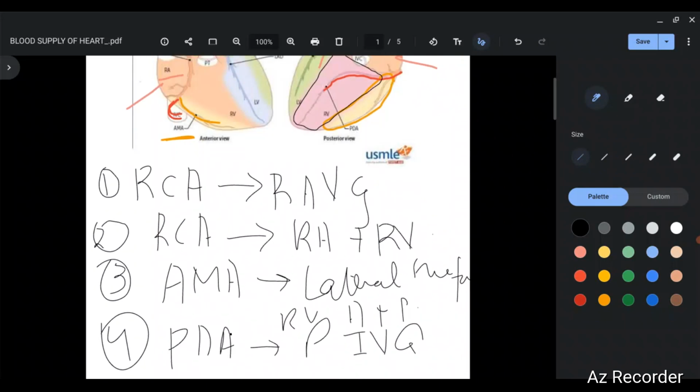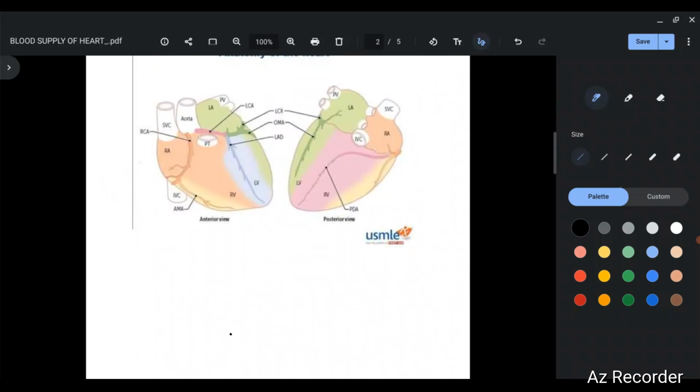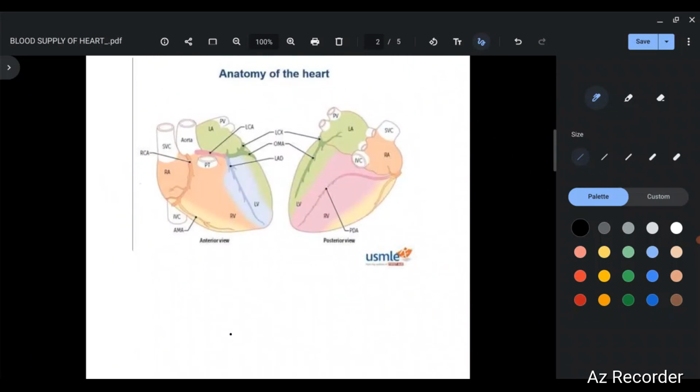So let's move towards your left coronary artery. Now focus that from the aorta, you have a left coronary artery over here, and the left coronary artery gives a branch over here, this blue one. This blue one is your left anterior descending artery. What is the location of the left anterior descending artery?